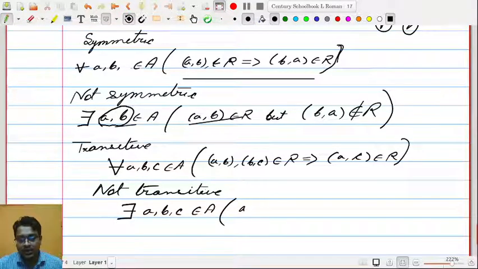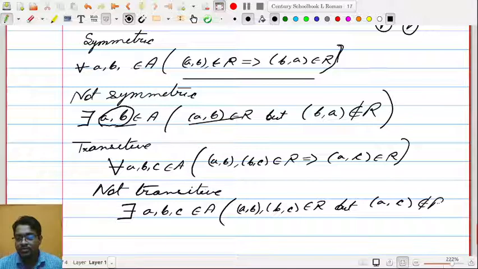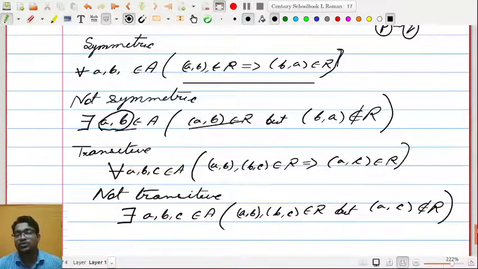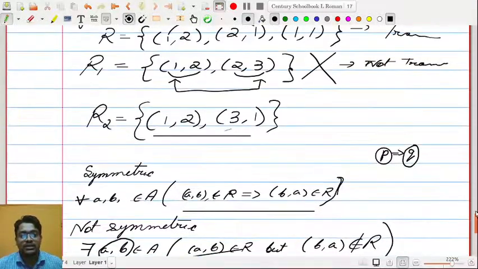So I have to find some elements a, b, c inside A for which (a, b) and (b, c) belong to R, but (a, c) doesn't belong to R. If I can find such elements, then I can conclude that the relation is not transitive. Now let us come to this particular relation {(1, 2), (3, 1)}. I have asked whether this is transitive or not. Is this a transitive relation or not?